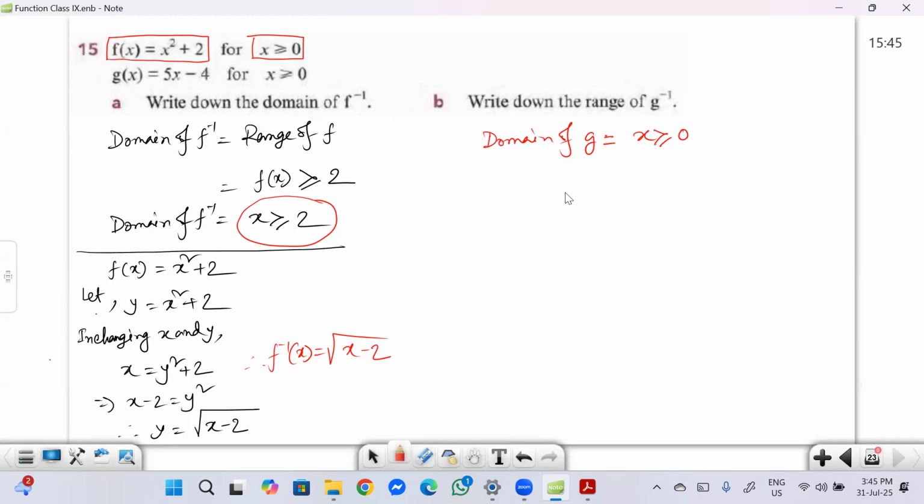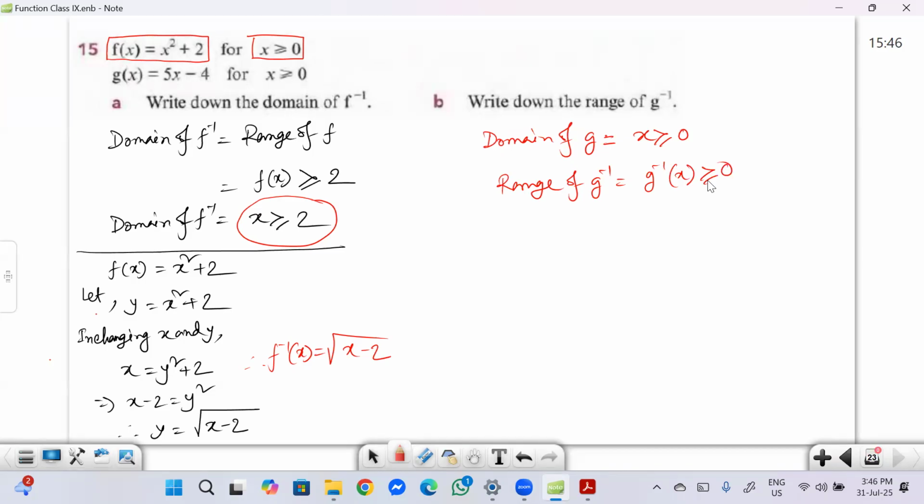So the range of g inverse is also, as it is a range, g inverse x must be greater than or equal to 0, with x replaced by g inverse x.